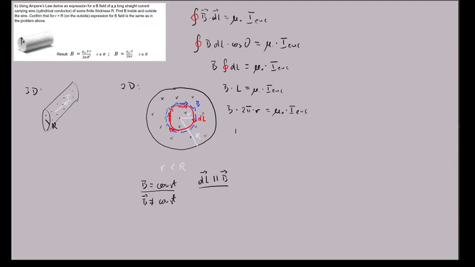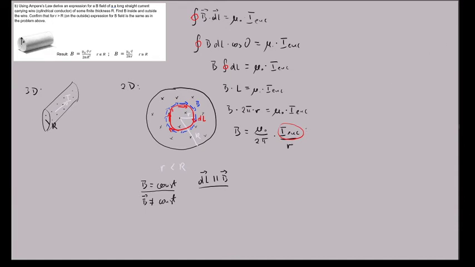So I would almost be ready to be done, but not quite yet. This becomes mu naught over 2 pi times I enclosed over little r. This is good, except that I still have to figure out this I enclosed. I enclosed in this picture is just the current that is within the loop, not the current that is outside of the loop. Let me put this here on the side.